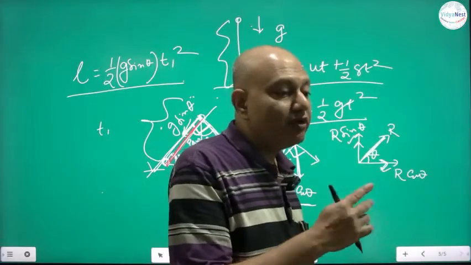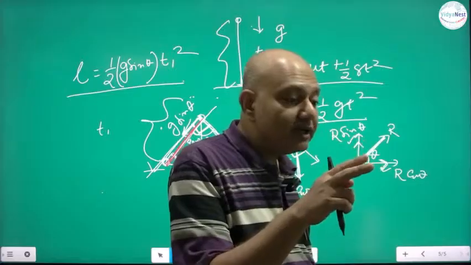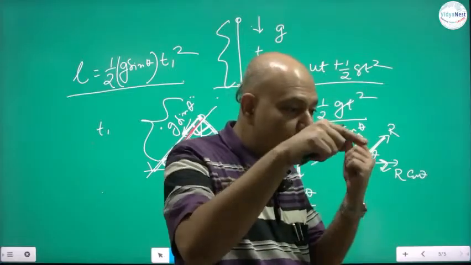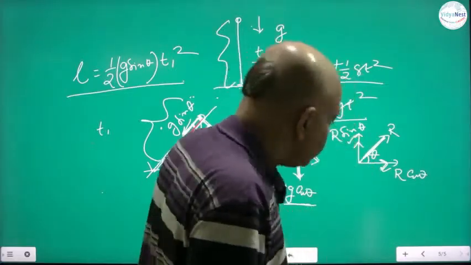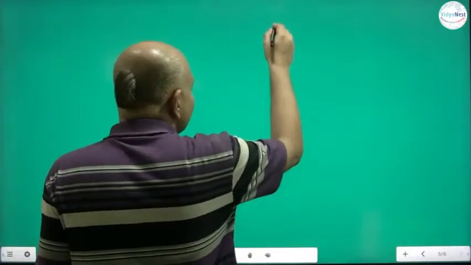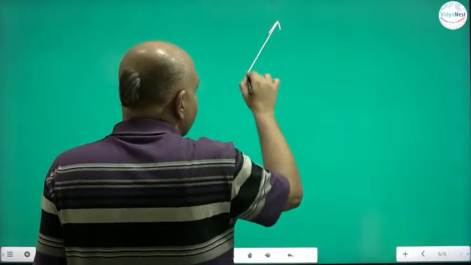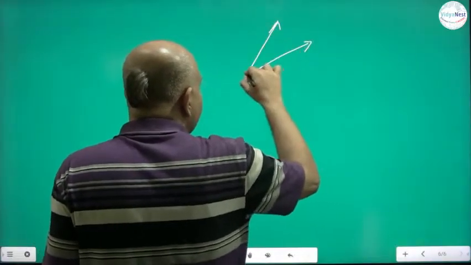Previously we have seen the addition of two vectors by the parallelogram or triangle rule. But now we will add three vectors. Now see, Saurabh. Suppose one vector this way, another vector this way, another vector this way.